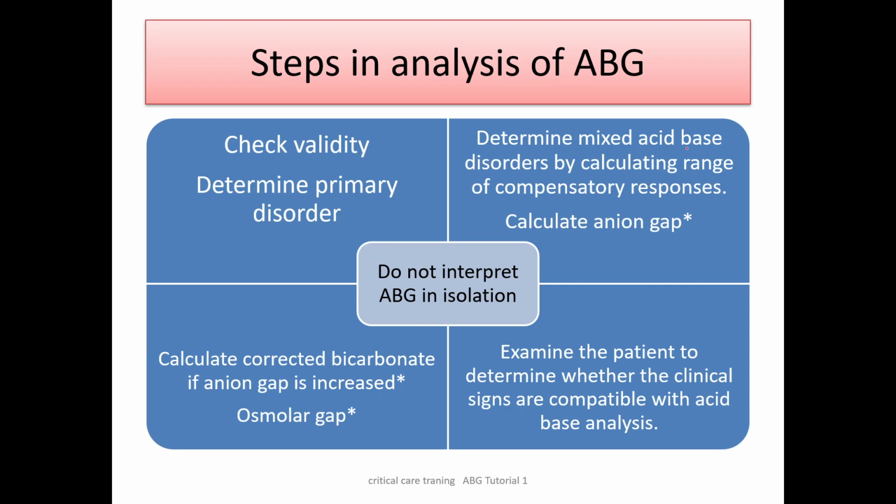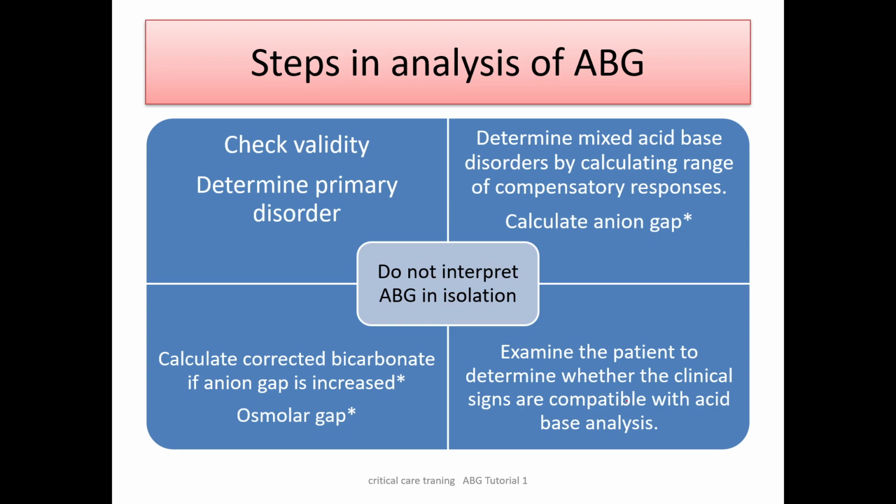Then determine the mixed acid-base disorder by calculating the compensatory response, which we will see in one of the examples. We have seen metabolic compensation in respiratory conditions, and respiratory compensation in metabolic conditions. We discussed the various formulas, then we calculate the anion gap in metabolic acidosis.